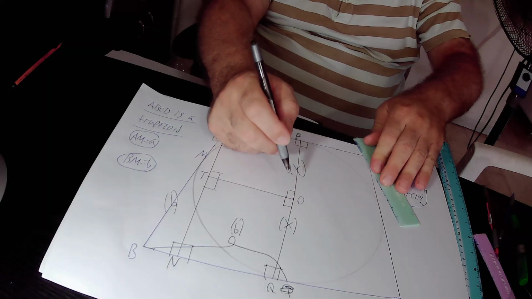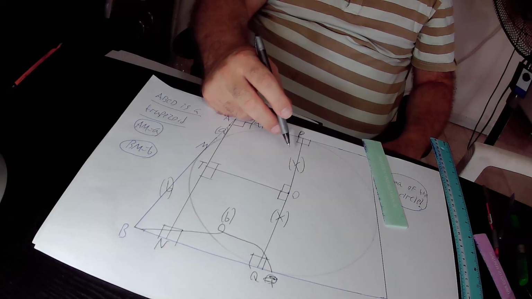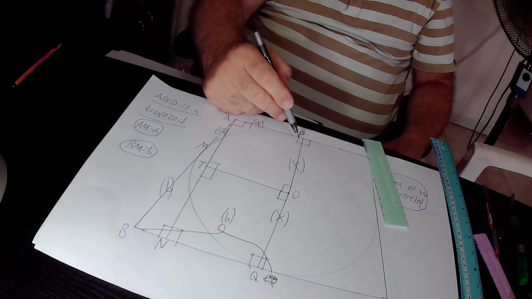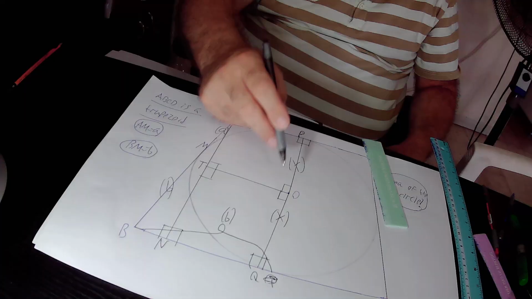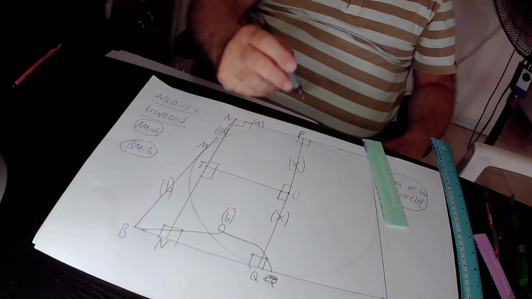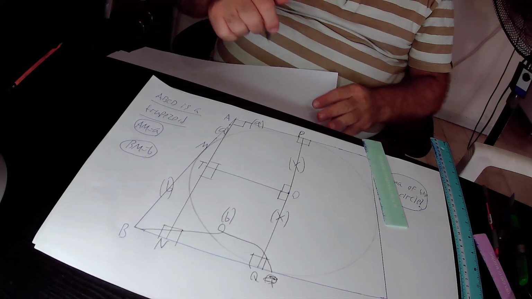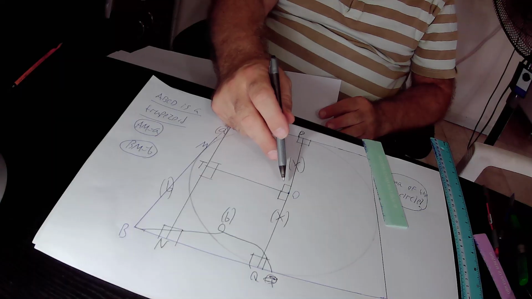So we found out that the size of the big angle POQ is 180 degrees. So I write it down. Because 90 degrees plus 90 degrees is 180 degrees.